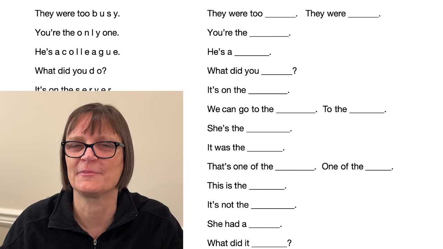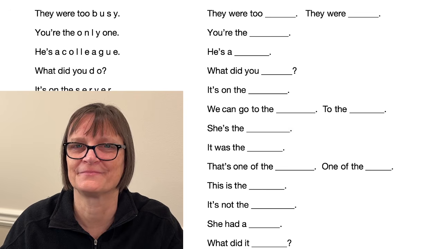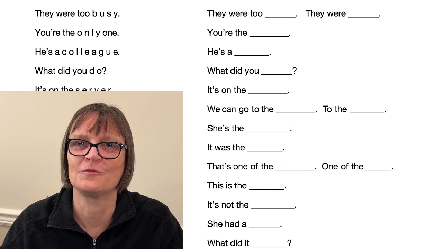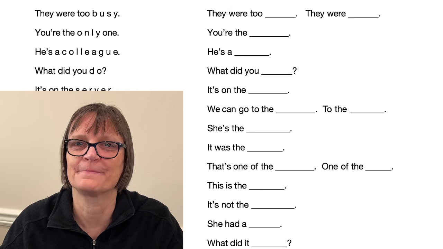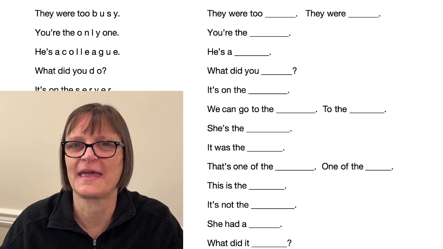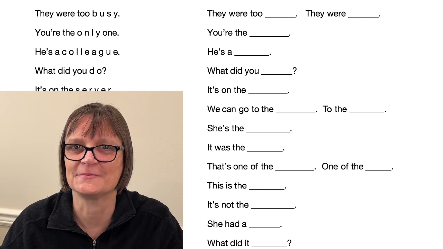Try it with swimmer. He's a swimmer. Try it with grandfather. He's a grandfather. Try it with banker. He's a banker. Try it with businessman. He's a businessman.